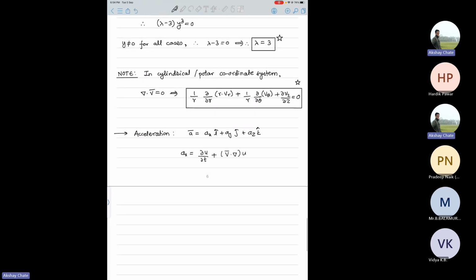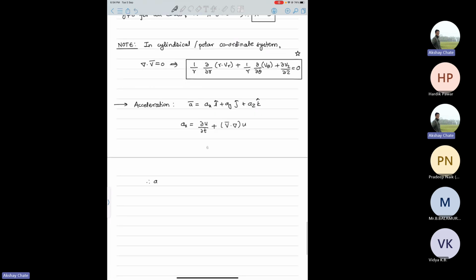This part is sometimes confusing, so I'll explain in slightly more detail. If you expand, it becomes u into del u by del x plus v into del u by del y plus w into del u by del z.